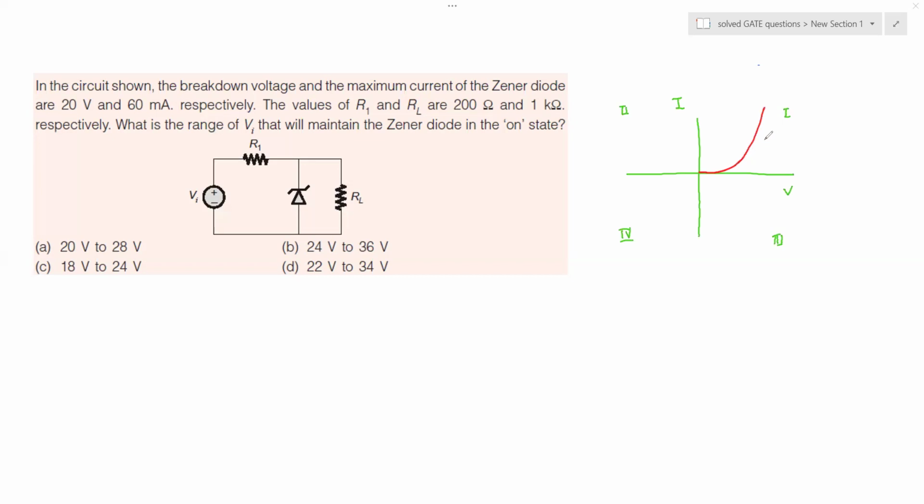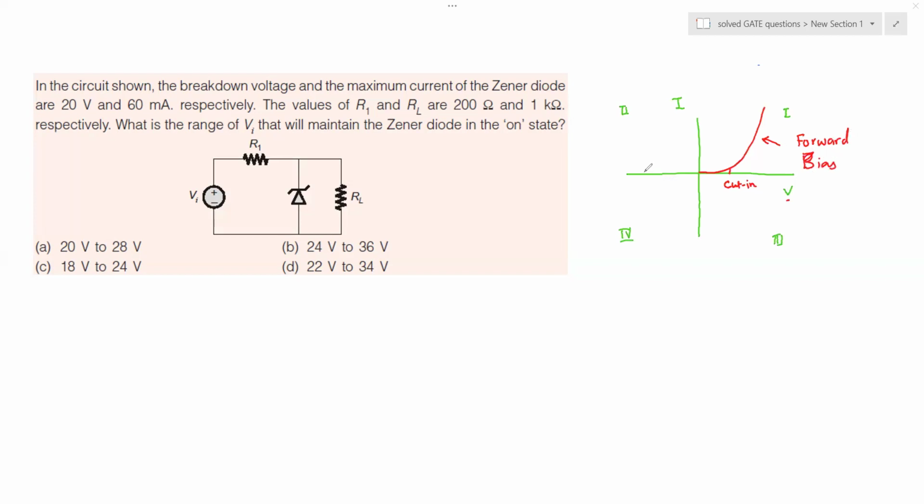So you have this exponential behavior of current and voltage, and based on its cut-in voltage, or turn-on voltage, it shows an exponential rise in current with respect to the voltage across it. It is the PN junction characteristic that we have seen, and it is called the forward bias mode of the Zener diode, which is also similar to the PN junction diode.